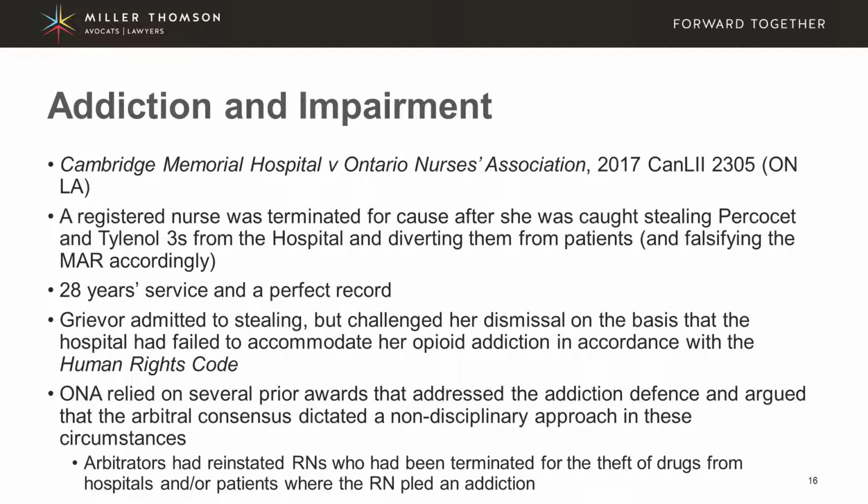She was caught stealing Percocets and Tylenol 3s, whether from wastage or diverting it from patients, which she admitted to, and which ultimately meant that the medical administration record for the patient was false because they weren't getting the dosage, which obviously raised concerns about whether or not a subsequent nurse would come along and say that perhaps the dosage needed to be up to some extent because the patient wasn't responding. So it raised a number of concerns, obviously, in terms of how the employee is acquiring their narcotic.